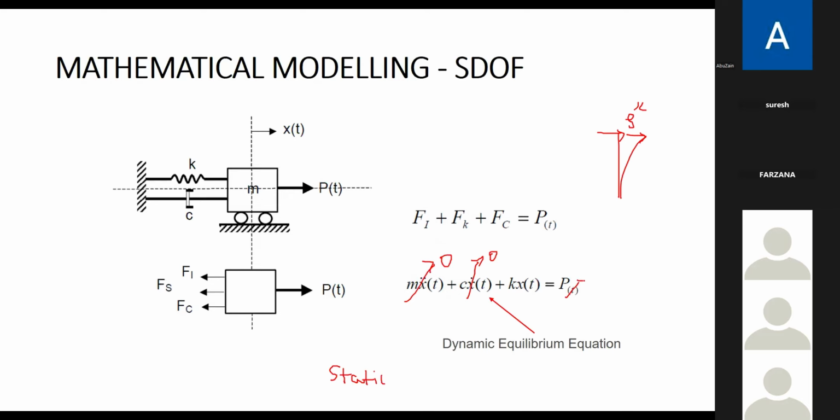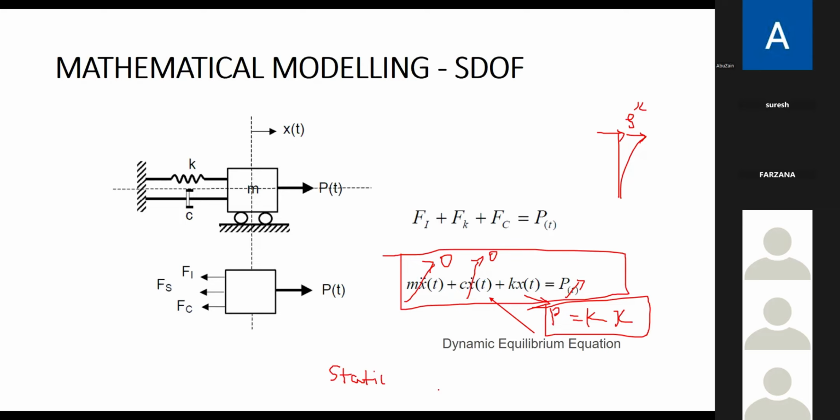My force is not changing with respect to time, it's P. So ultimately, we get P is equal to K into delta. My delta is not changing. They derive this equation from D'Alembert's principle, the energy equation, the Duhamel's integral.